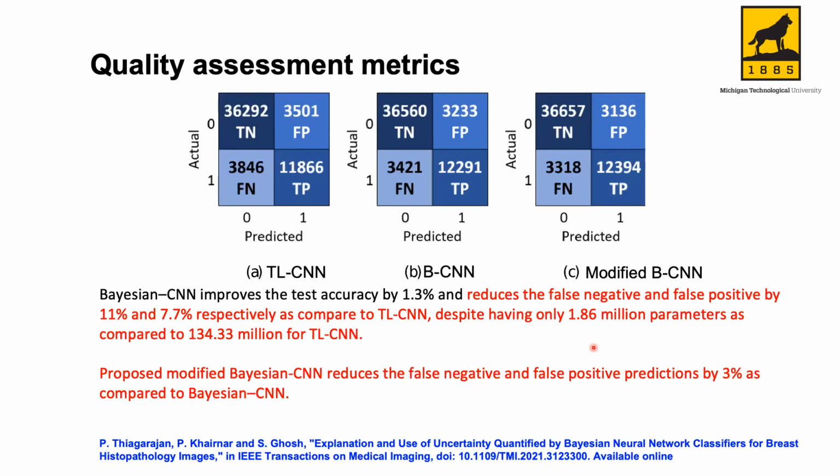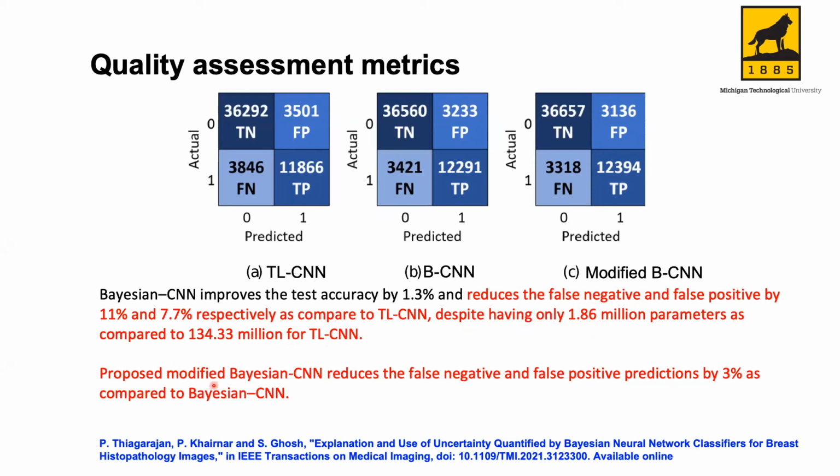Here you can see that the Bayesian CNN reduces the false negative and false positive by 11% and 7% respectively compared to the deterministic CNN. And this is despite having only about 1.5% of its total number of parameters: the CNN has 134 million parameters, whereas the Bayesian CNN we used has 1.86 million parameters.